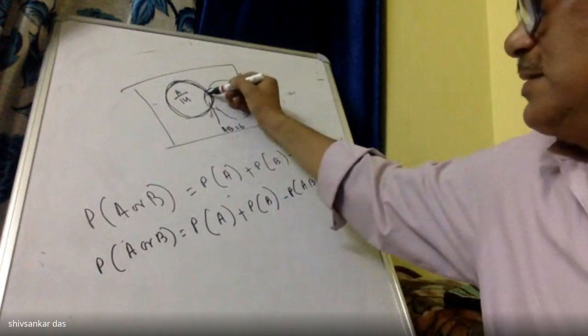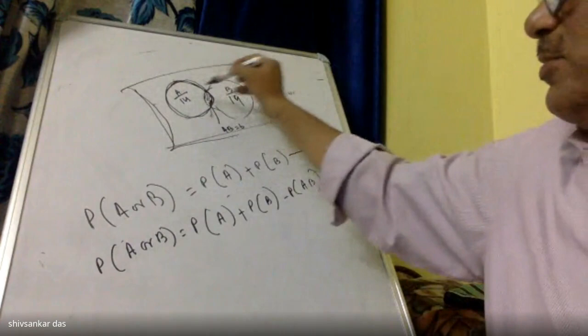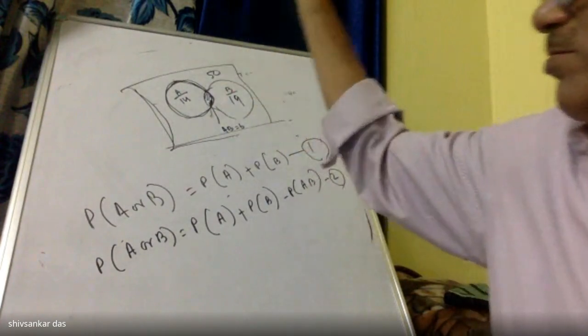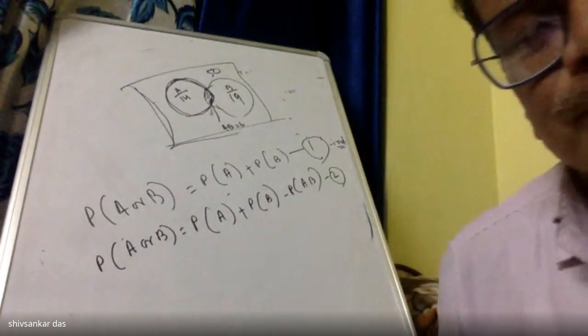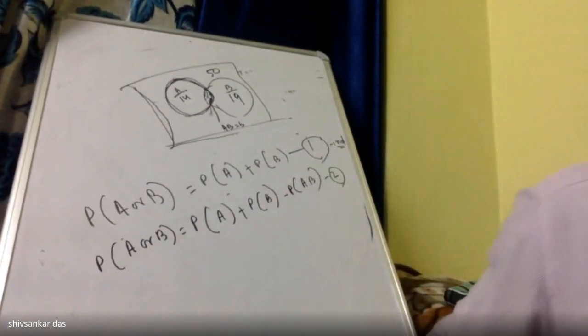This area is 6. And total is 50. I'm giving a random example.